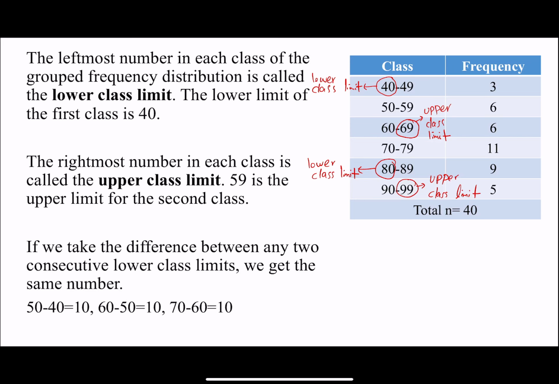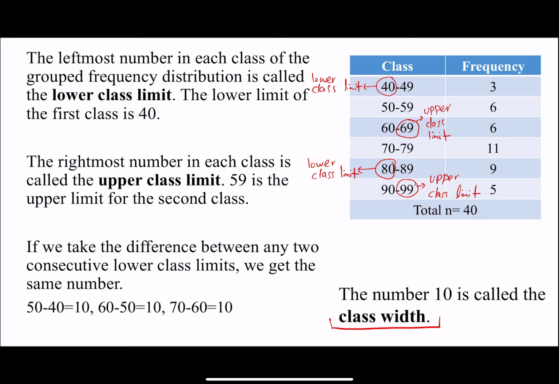Okay, now we have another term that is class width. Okay, that's really, really important. If I want to find the class width, what should I do? First of all, I choose any two consecutive classes. So I choose two classes where one is right after another, just like here.